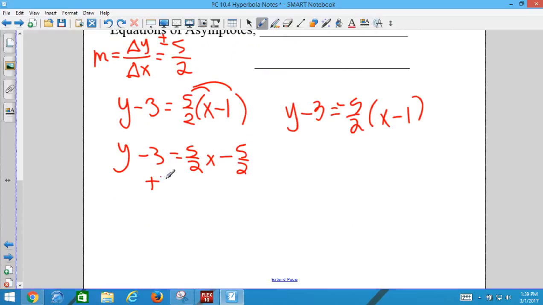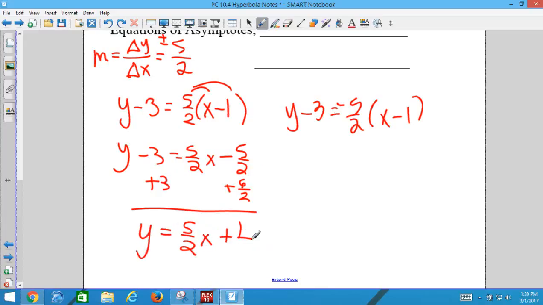And then I'm going to add 3, but I have to add some sort of half. So I'm going to add 6 halves. That equals 11 halves. Other side, distribute. Just be careful when you distribute with the negative, change the sign. Negative 5 halves x plus 5 halves, and then add 6 halves.